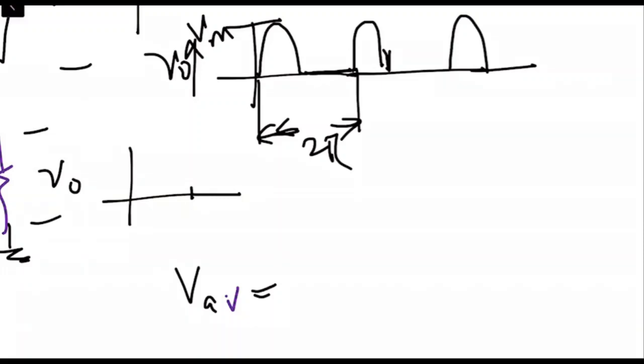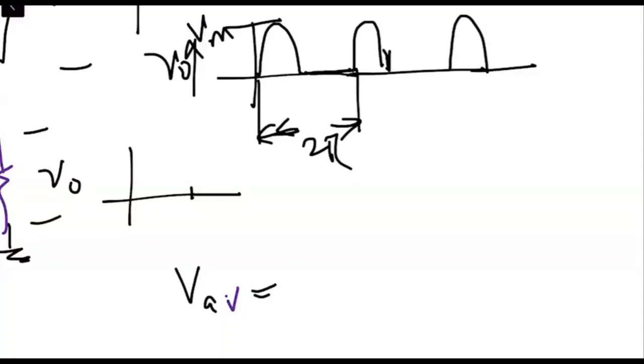Okay, so to find the average value, we can check what is the area under the curve. The area under the curve is basically the positive half cycle, and if we divide it by the total duration, this is going to give us the average value, right? Is this thing fine?